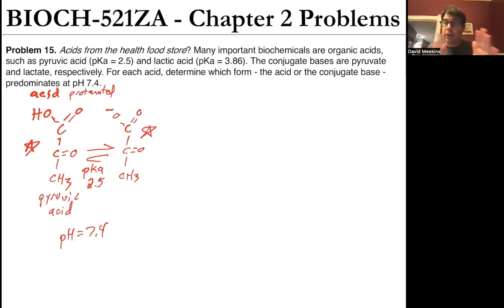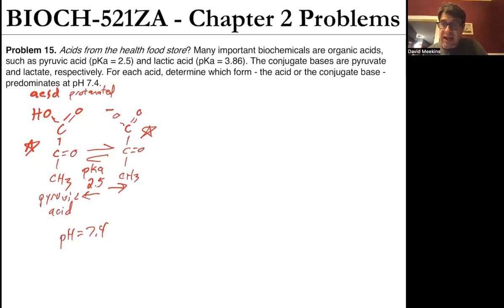Below pKa 2.5, the protonated form is going to predominate, whereas above pKa 2.5, the deprotonated form is going to predominate. If you have a lower pH, there are more protons in the solution, so it's going to be definitely the protonated form.